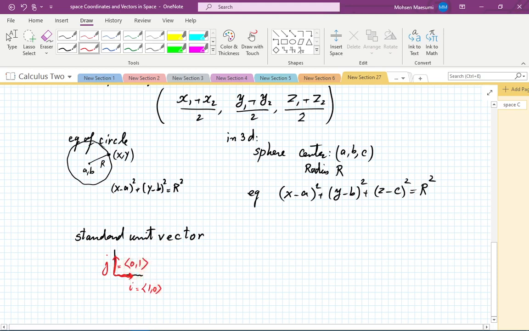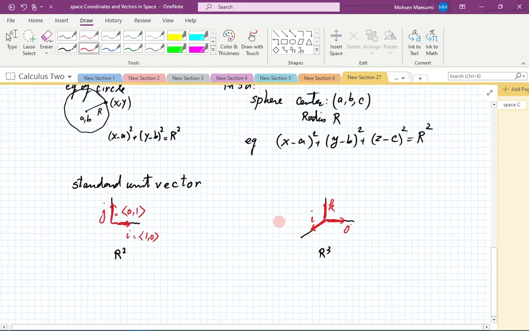That was the definition in 2D. In 3D, we have 3 of these, and typically they are drawn in this position: this is your i, and this is your j, and this one is going to be your k.